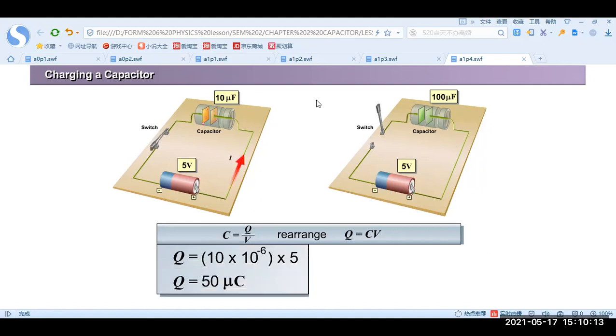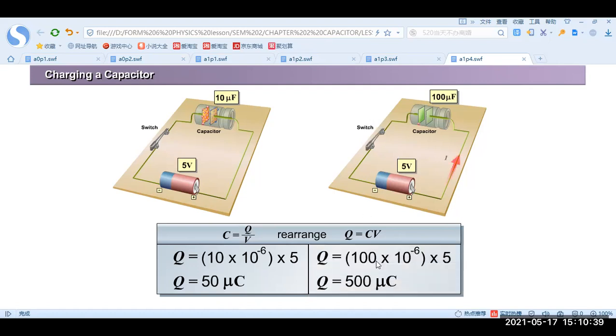First, Q equals CV. The C is 10 to the power of -6 farad, times the 5 volts. Voltage, potential difference, is 5. We get 50 microcoulomb. That is the amount of charge stored.